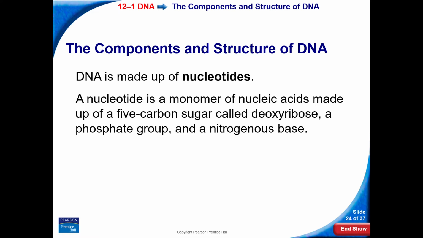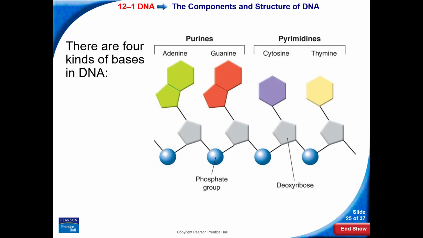Nitrogen bases are going to be adenine, guanine, cytosine, and thymine in DNA. There are 4 kinds of DNA nucleotides, and that's going to be based on the kind of nitrogen bases that they have. You can see that each one of these nucleotides is going to have a sugar and a phosphate, but each one of them will have a different nitrogen base.